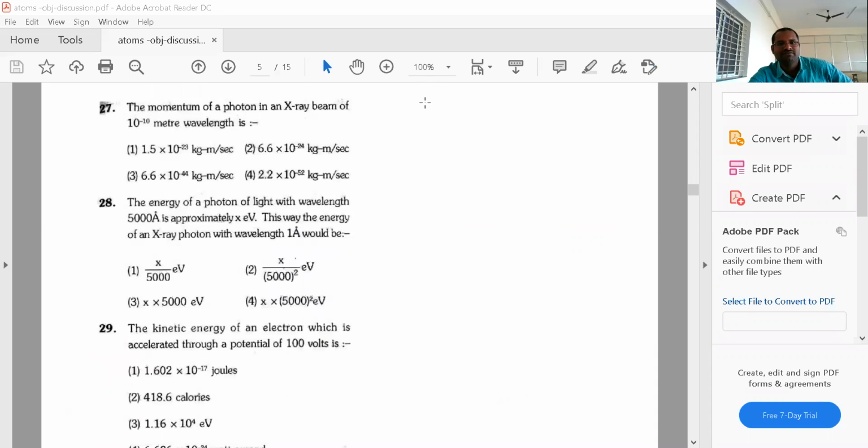Let us go to question number 27. Students, on the 5th you have the physics exam, and the syllabus for that exam is what you have already written: ray optics, wave optics, and dual nature and atoms.